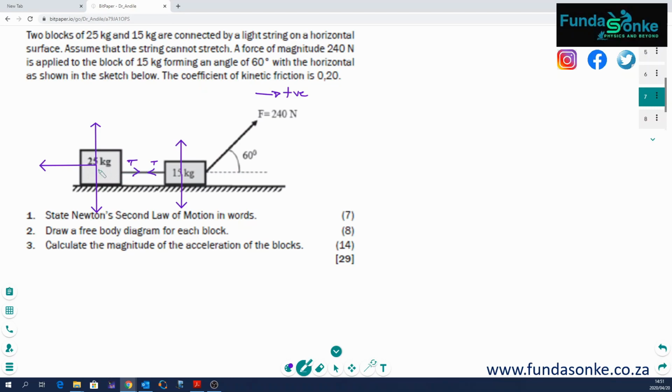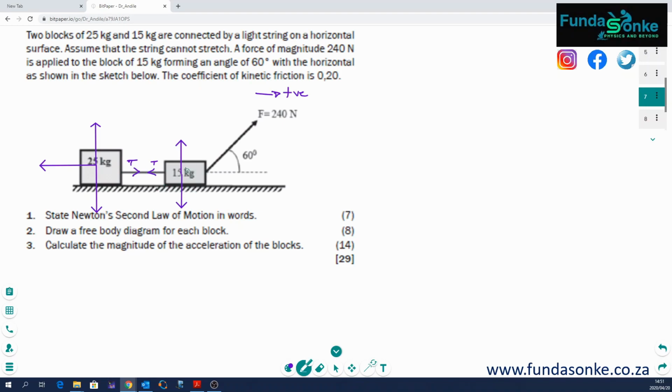So since this mass is being pulled by this string, the tension will act towards the right. I hope that makes sense. So with respect to the 15 kg, the tension is acting in the opposite direction since it's being dragged by this 25 kg mass. Then in terms of the 25 kg mass, which is being pulled to the right, the tension will act towards the right direction.